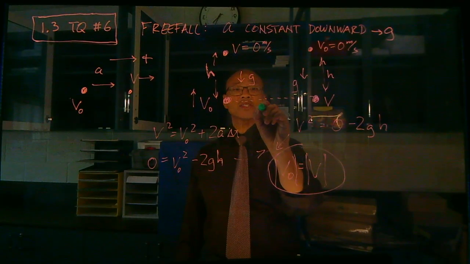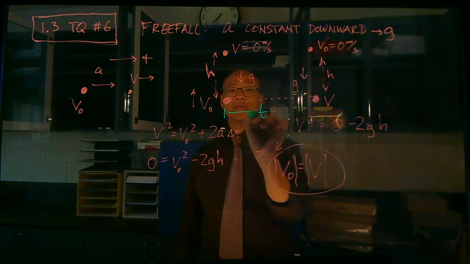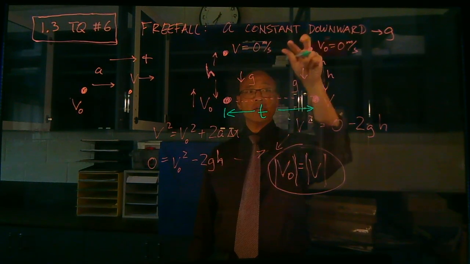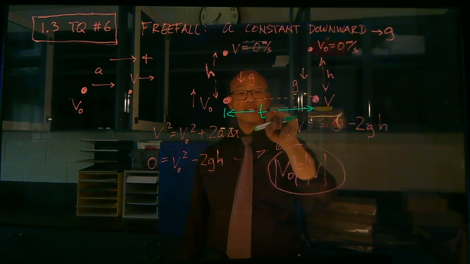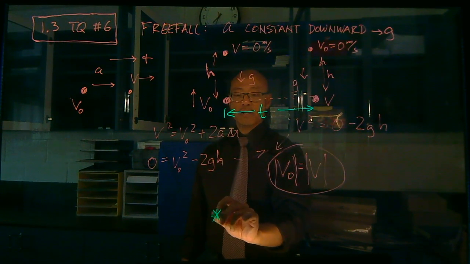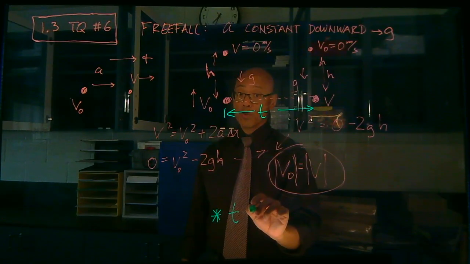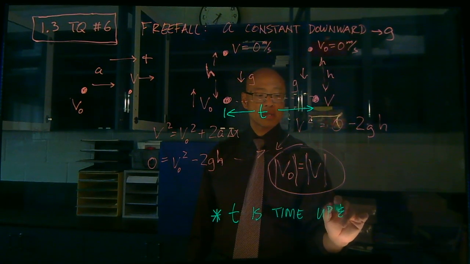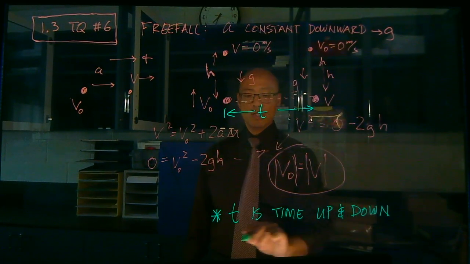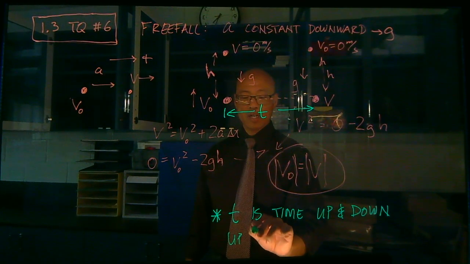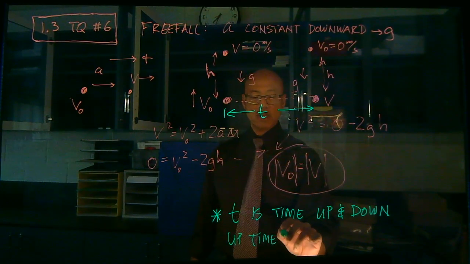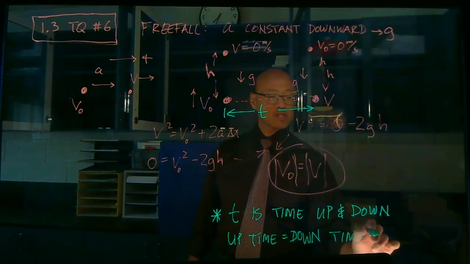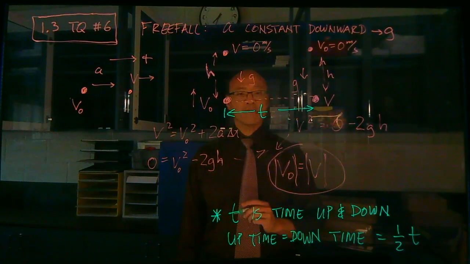If I play this movie and I see the ball go up, stop, and then fall back down, if that takes t seconds, if t is the whole journey, the time for up and down, then the time to go up, my up time, is equal to my down time, and that's going to be half of that.